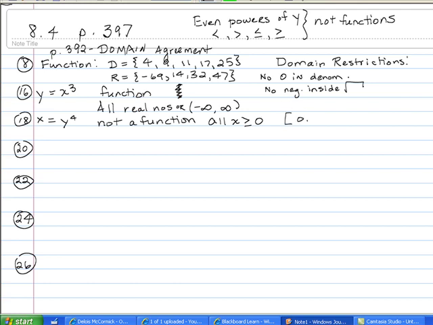Okay, next one, x minus y is less than 3. Not a function. And again, all reals, no restrictions there, or minus infinity to infinity. 22, we have y equals the negative square root of x, would be a function.